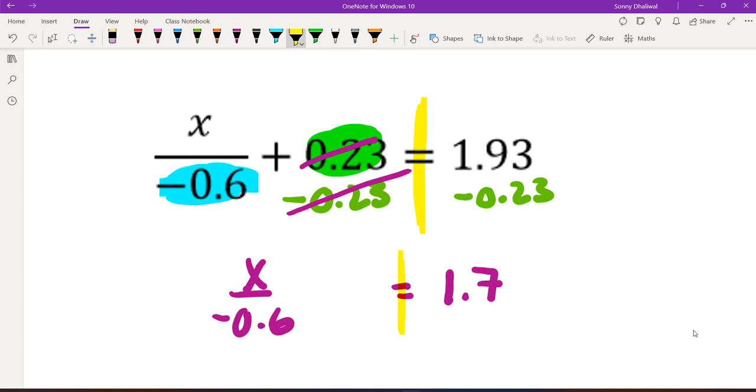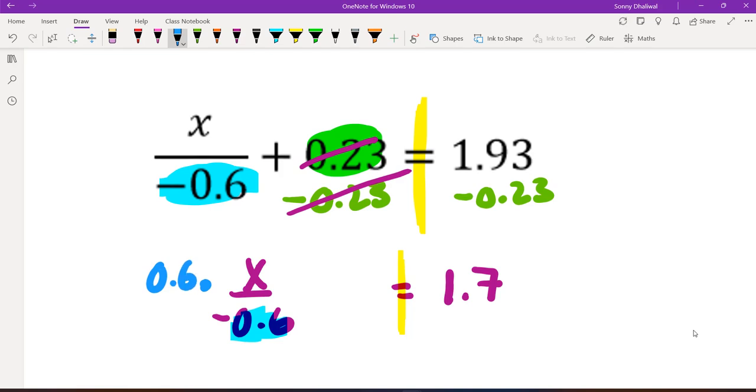There's still a number sitting there. This 0.6. And we got to do the opposite to get rid of it. How do we get rid of it? What is that 0.6 doing to the x currently? Is it adding, subtracting, multiplying, or dividing? Dividing. So what's the opposite of dividing? Multiply. So we need to multiply by 0.6.